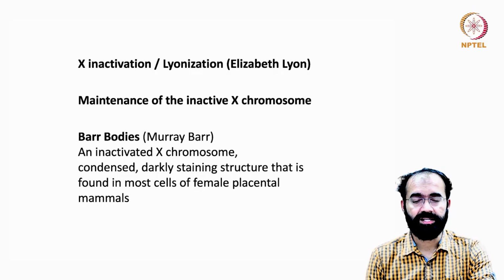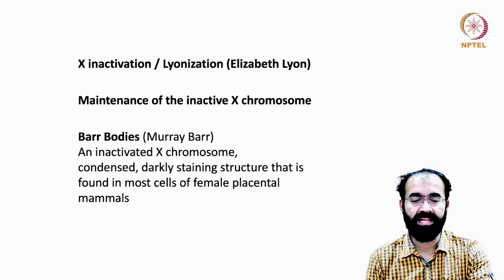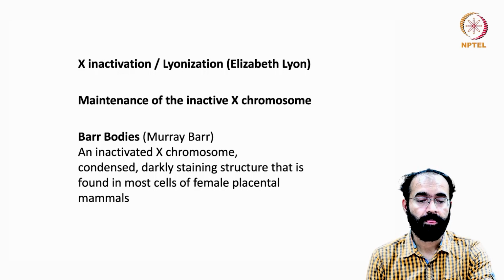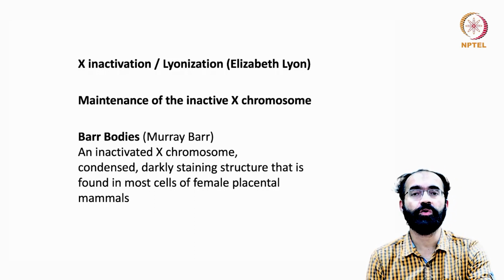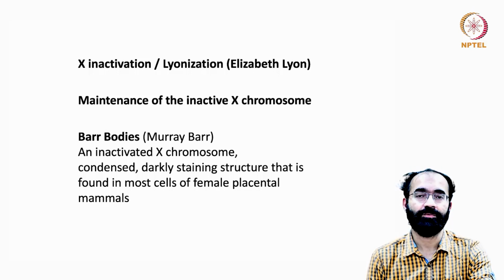X-inactivation is also called lyonization, after the scientist Mary Lyon who discovered it. So it is meant for the maintenance of the inactive X chromosome. It has to not only cause the inactivation of the X chromosome, but you have to maintain it also. It is just like you made a 10-storied building, but there is no maintenance. What will happen?